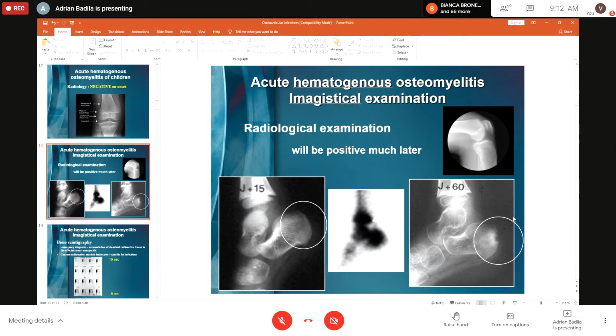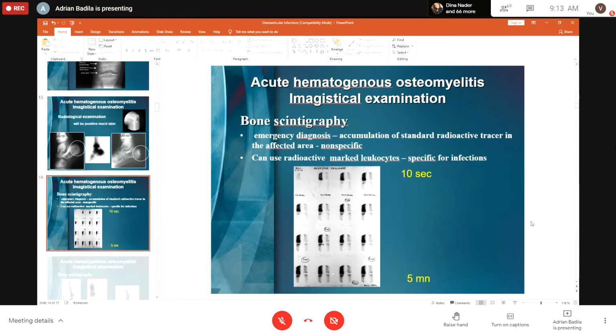At the level of the calcaneum, there are no osseous lesions, while on the right, after 60 days, we have an osteolytic lesion in the posterior part of the calcaneum. In the middle, we have an image from the bone scintigraphy, which is positive from the onset. So the bone scintigraphy can provide us an early diagnosis of such a disease.